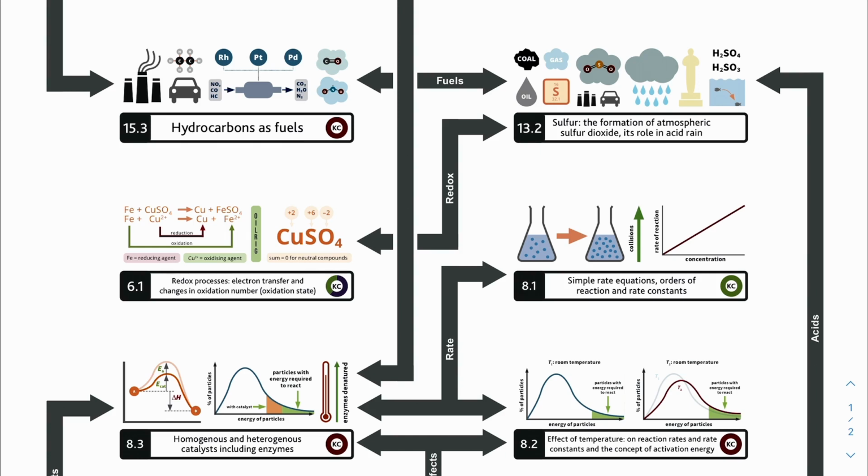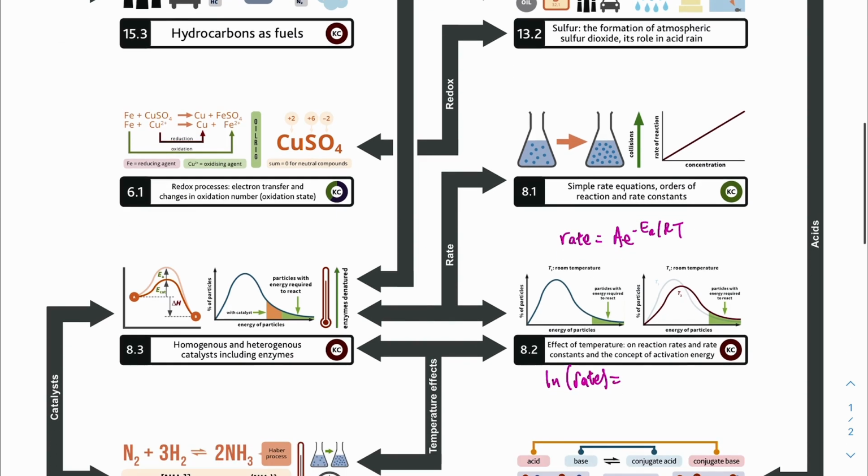If you do a certain specification, you will have rate equal to A e to the power minus EA over RT, and you could take the log of it. In fact, I think in CIE, they love to give this as a paper 5 or even a paper 3 question. So you will get y equal to a constant plus a gradient times x.